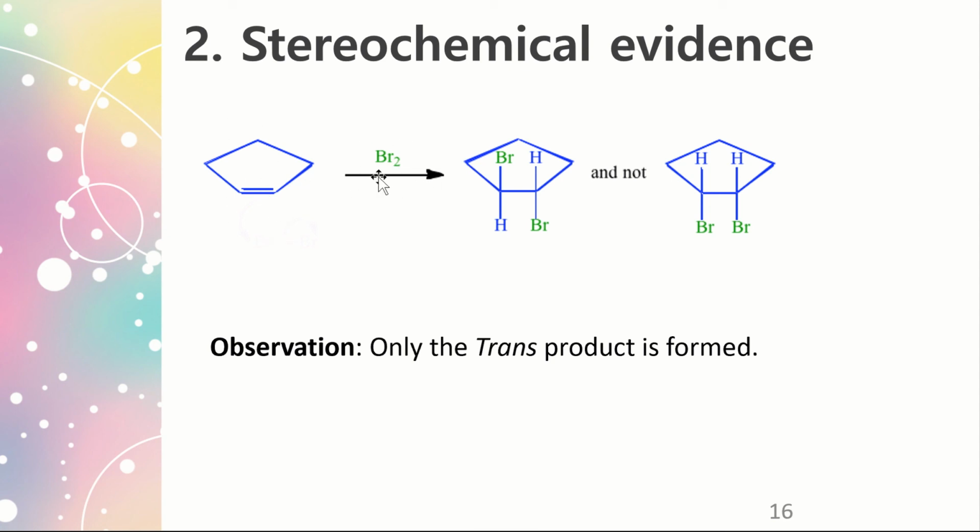In the presence of bromine or any halogen, we can get either the cis product or the trans product. The fact that the trans product is the only product that is formed gives us very strong evidence into this reaction mechanism. So just in case you have forgotten, let's just look at it.